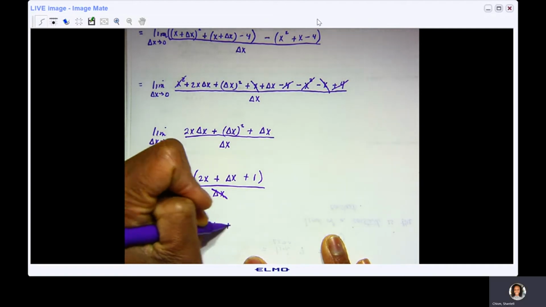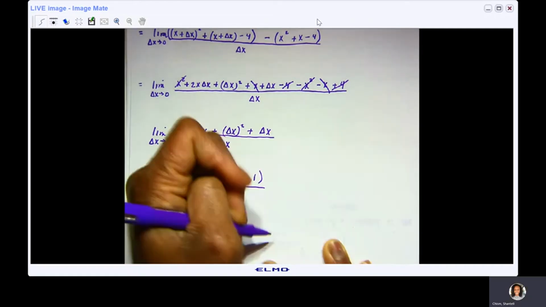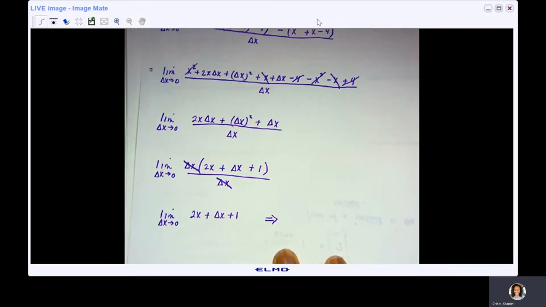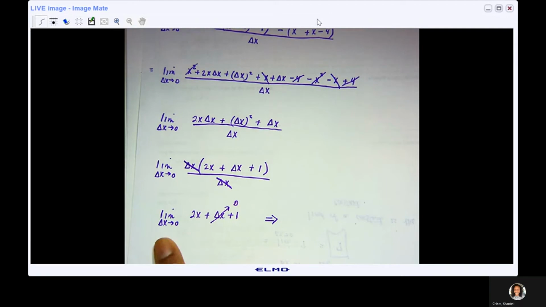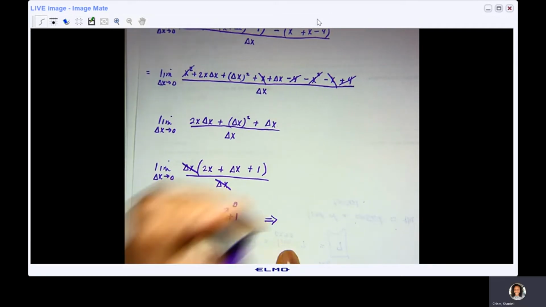Well, guess what happens? We actually apply the limit. This approaches 0. So the limit as delta x approaches 0 is 2x plus 1.